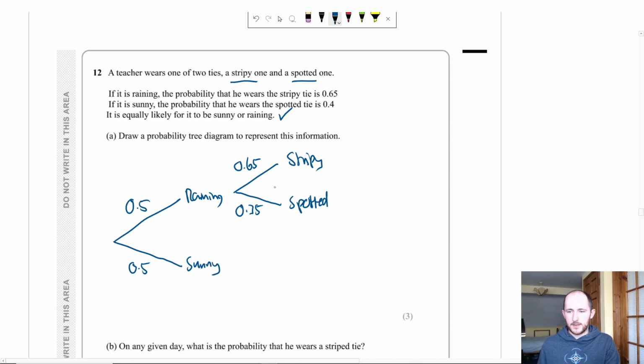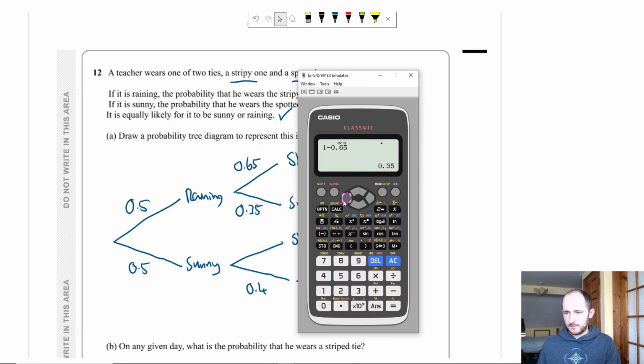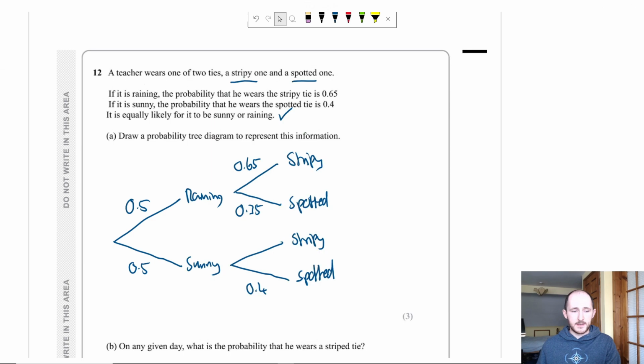So that's all done, that's good. Then again we have stripy and spotted. If it's sunny, the probability he wears a spotted tie is 0.4. So again, we're going to do 1 minus 0.4, which you could do in your head, but you know, it's a calculator exam, why not use it? 0.6, okay?